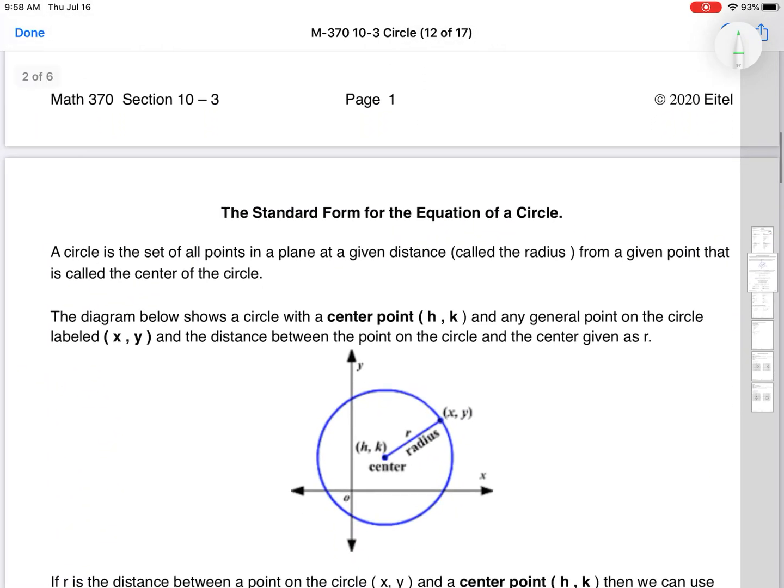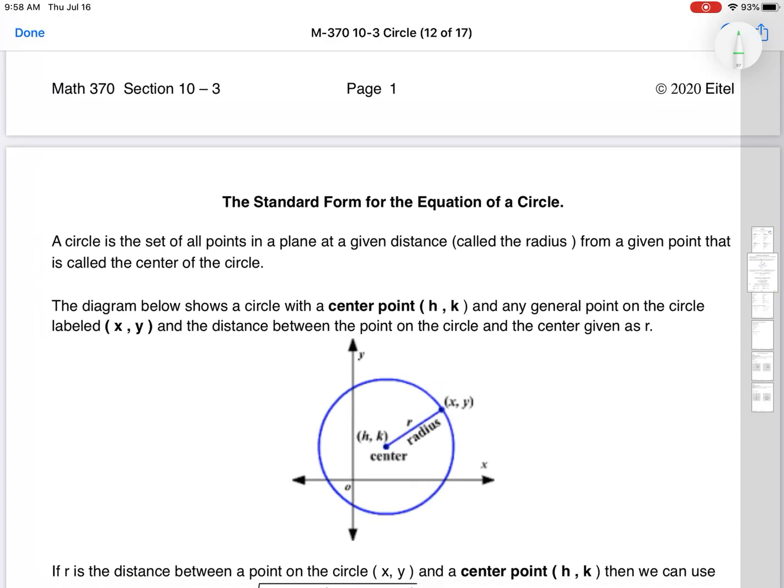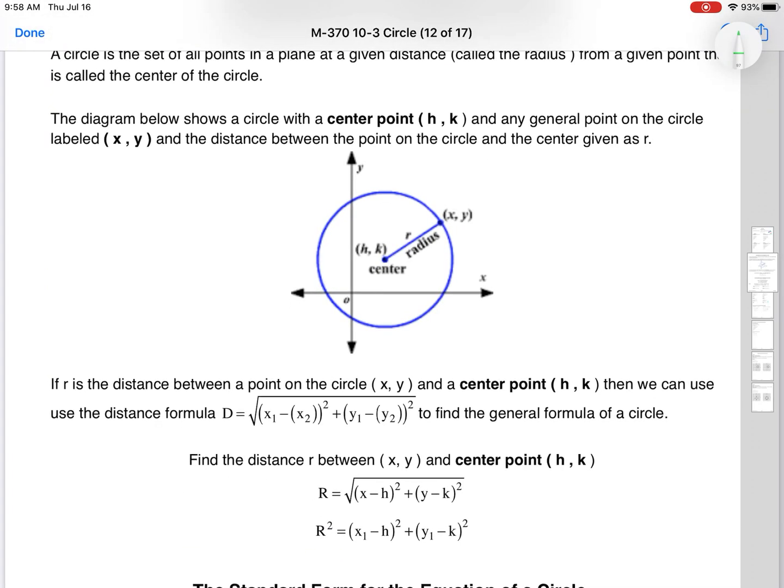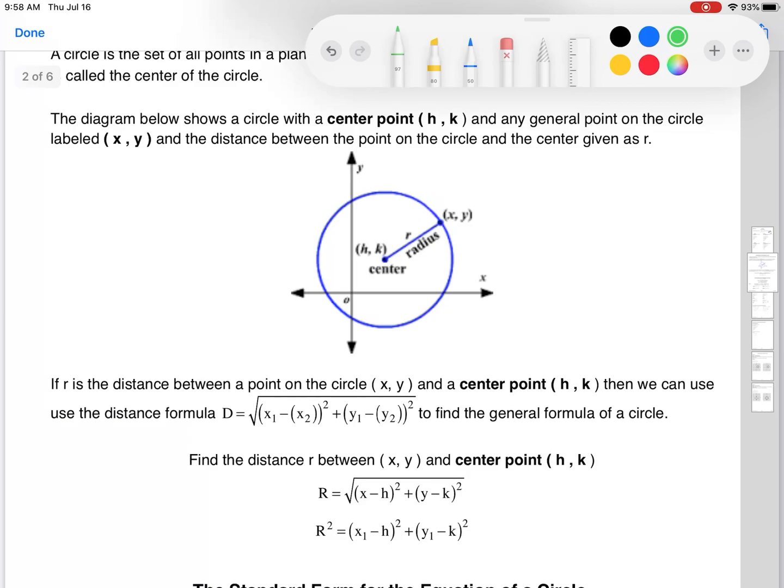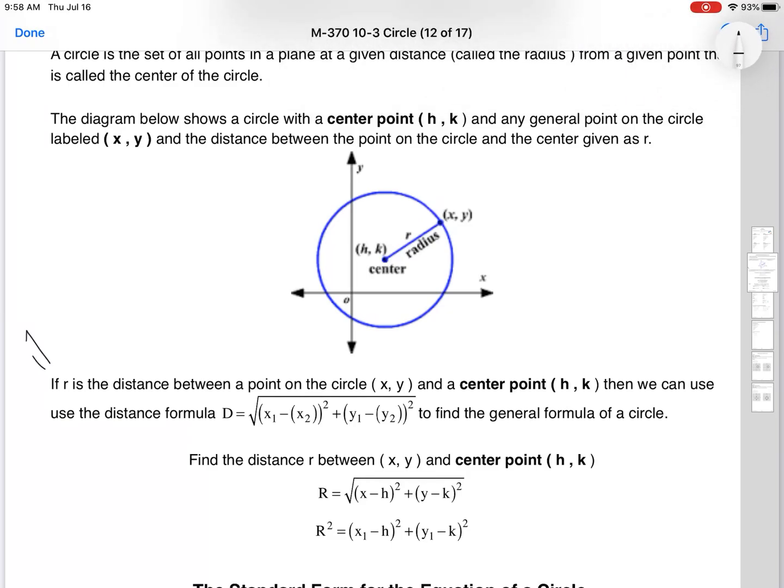So the standard form of a circle is the points that are an equal distance away from a center point, right? And this equal distance we call the radius. And so that's why we have been dealing with the distance formula, because we care about the distance from h, k to x, y. So I'm reading right here.